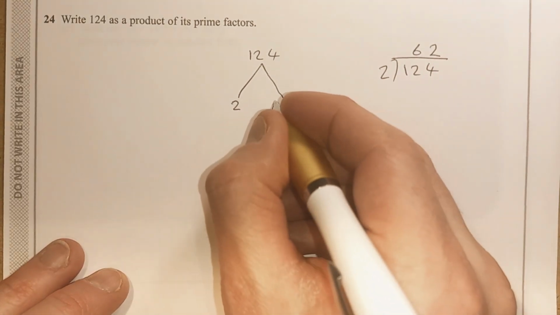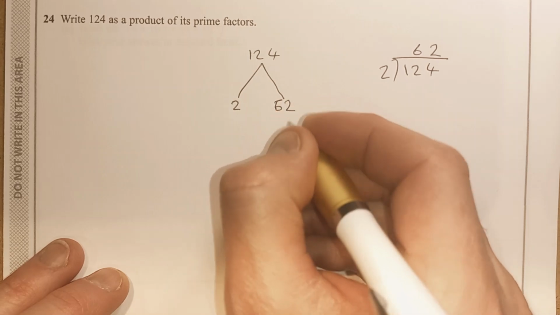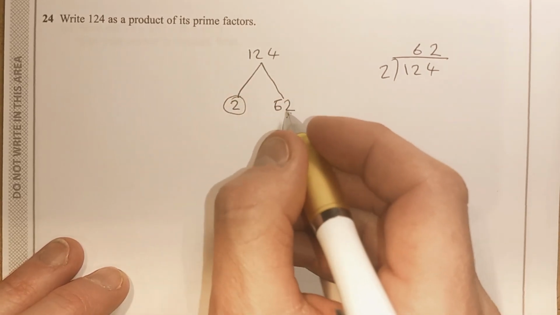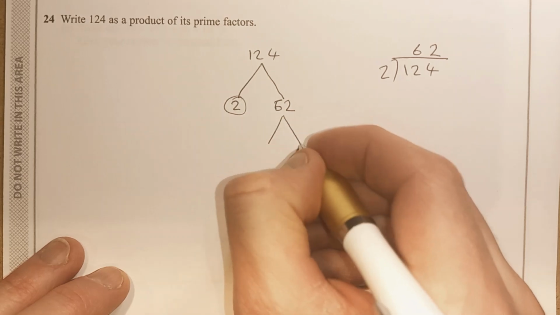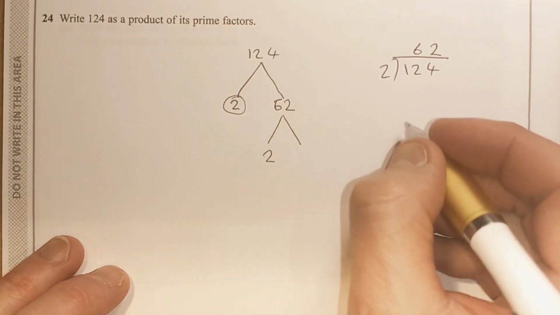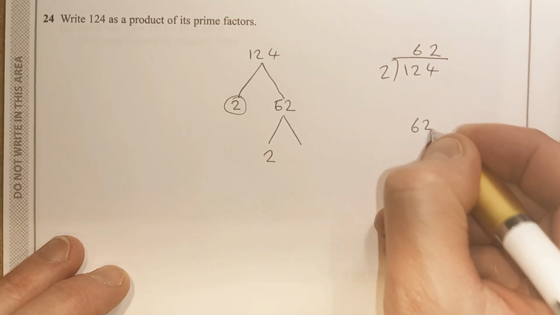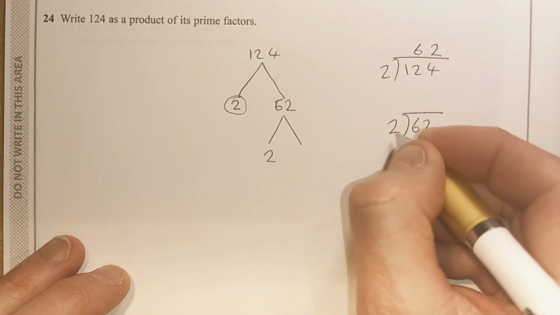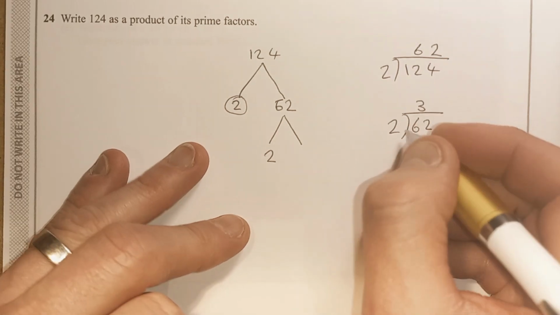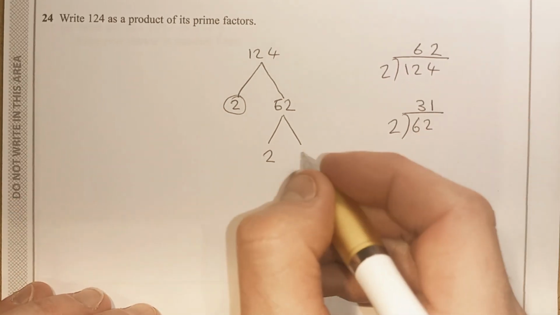So we've got 2 and 62. 2 is a prime number, so we can stop there. But 62 is still an even number, so I know 2 goes into that again. How many times? 2 goes into 6, 2, 4, 6, 3 times, and 2 goes into 2 once.